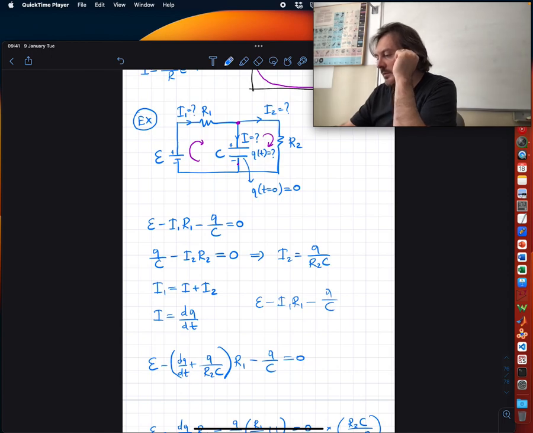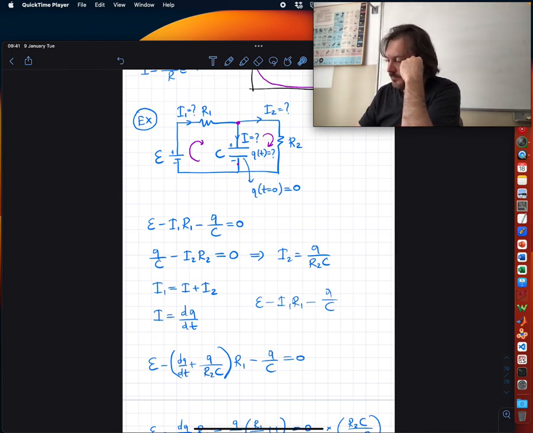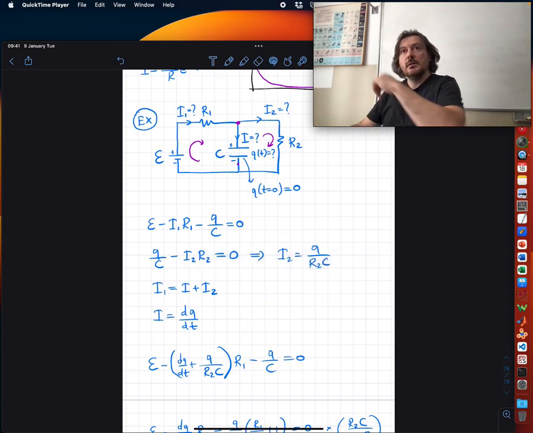You cannot set it equal to 0 and jump to a new loop. That's not allowed. What you do is you take this loop and write it down here, take this loop and write it down here, and then you combine things. I was trying to find the combined equation for all the elements.